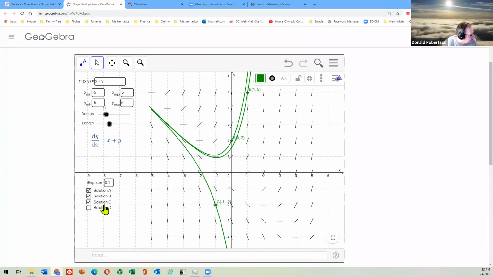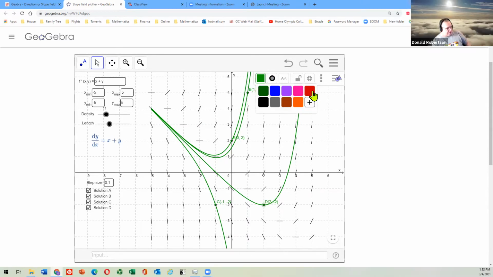Suppose the last one is at 2, negative 2. All I do is click on it and move the point. And this here would represent what that paper boat would do if you dropped it here and it followed the current, either this way or that way. You see how that's much easier than trying to do it yourself.